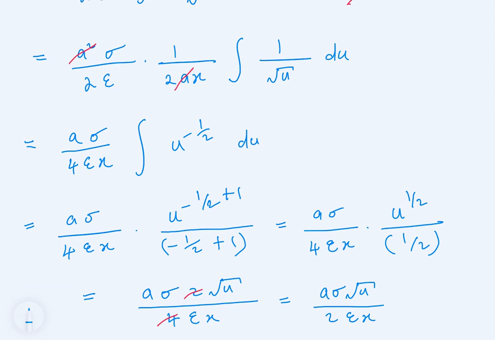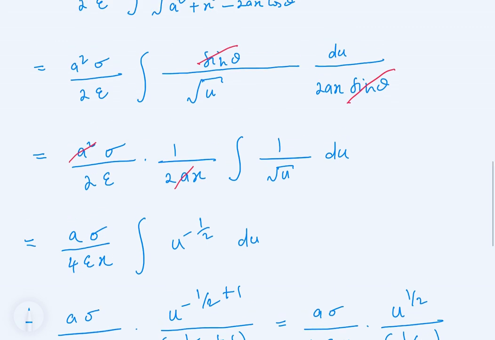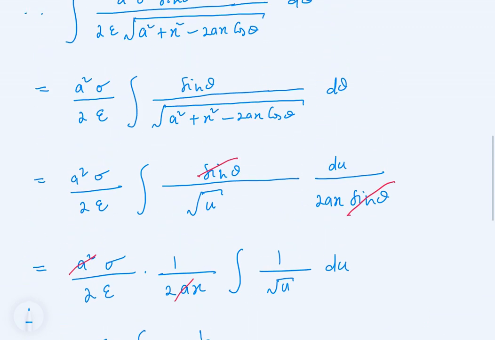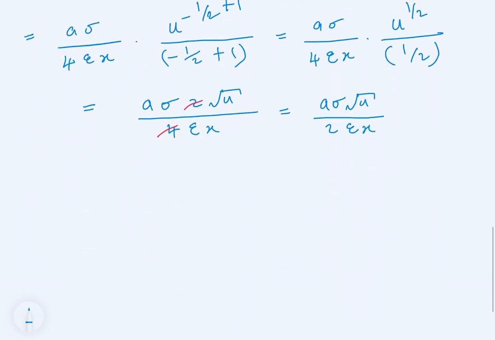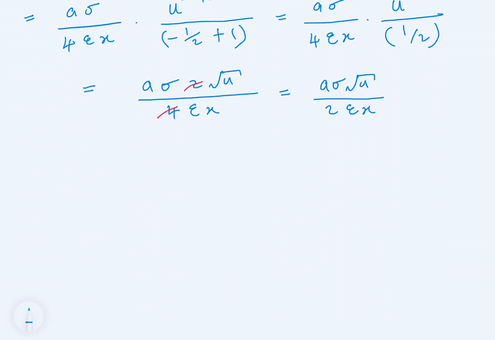Okay, but since the indefinite integral was in terms of theta, we have to leave our answer in terms of theta as well. Okay, so we're going to replace the u with what we said it is originally. So this is equal to now a sigma over 2 multiplied by epsilon multiplied by x multiplied by the square root.